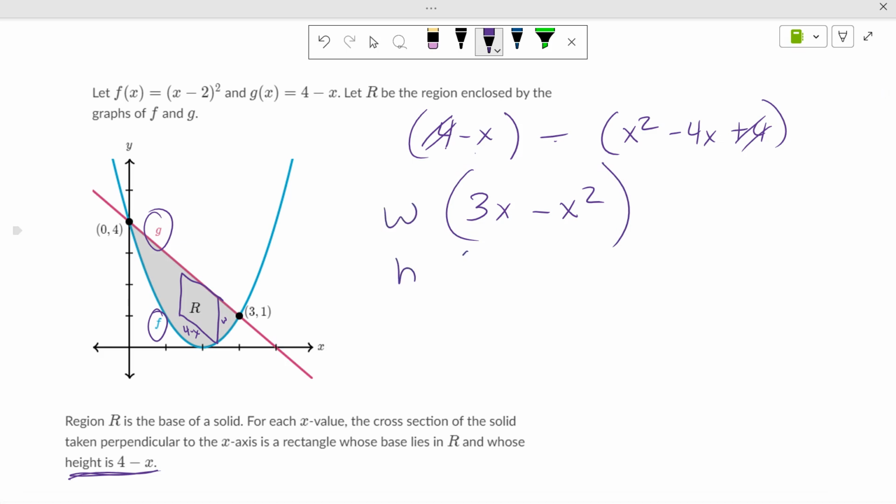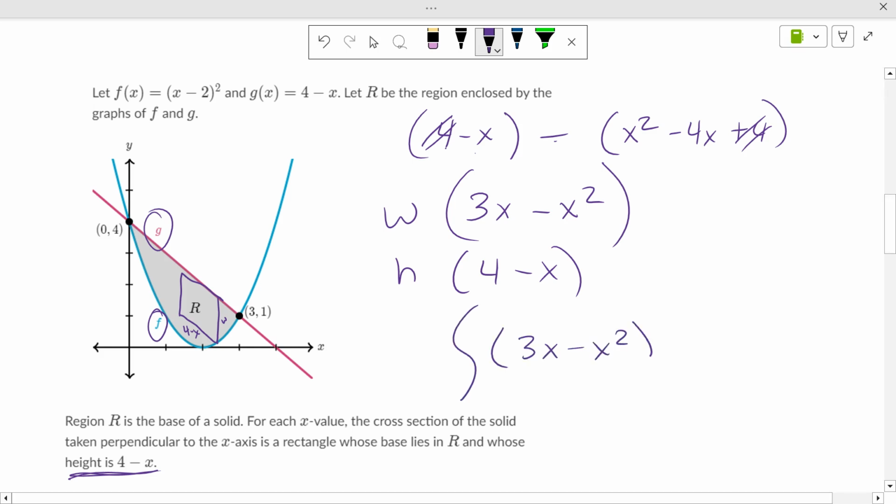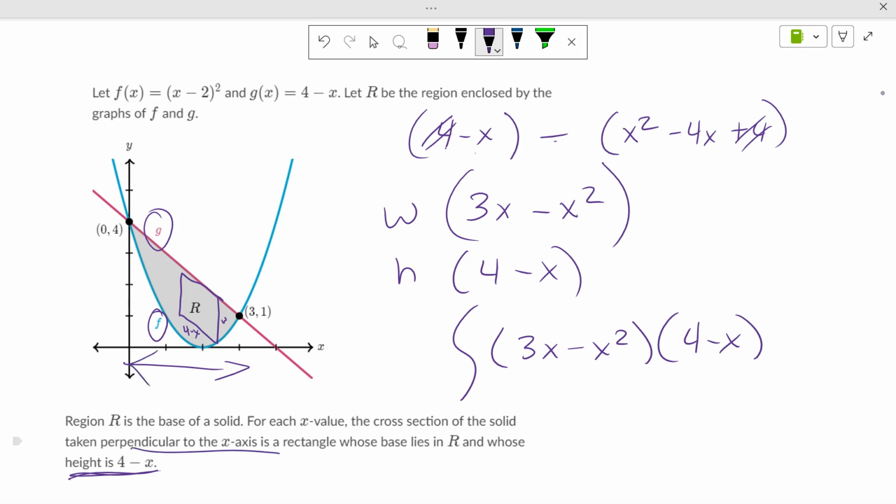Your height is 4 minus x. So to find the area of your rectangle, you just take your width times your height. So it's going to be the integral of 3x minus x squared times 4 minus x. And we got to go this direction, left and right, because it's perpendicular to the x-axis.